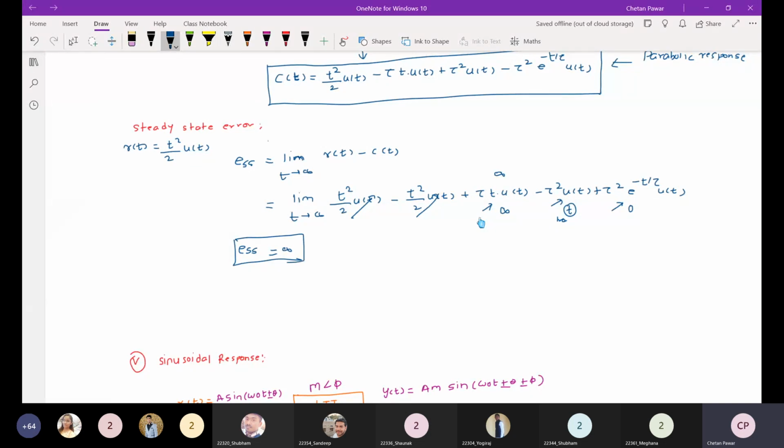So what is meant by this? For the first order system, when we applied the unit step signal, the output response will clearly follow the input. Next we applied the unit ramp signal to the first order system. If you apply the unit ramp signal, at t tends to infinity we got a steady state error tau. But when you apply the parabolic signal, we got an infinite error.